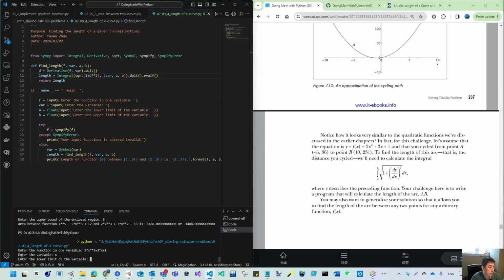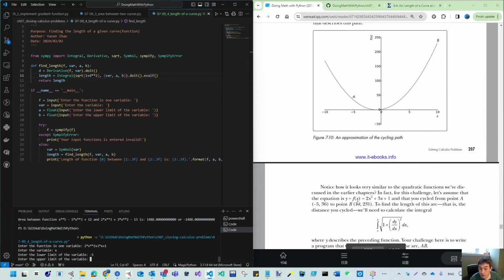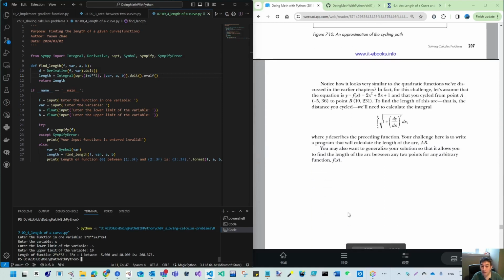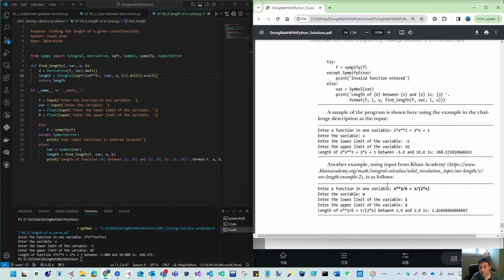We should input only the x, so -5. B is +10. Getting the length of the function between -5 and +10 is 268. If you check this from the solution paper, that's the correct result.